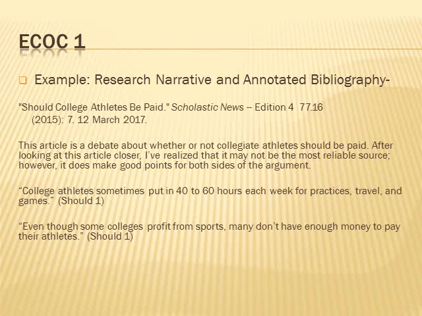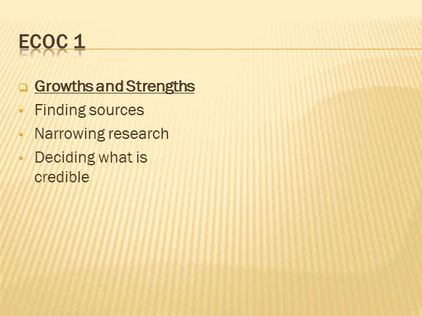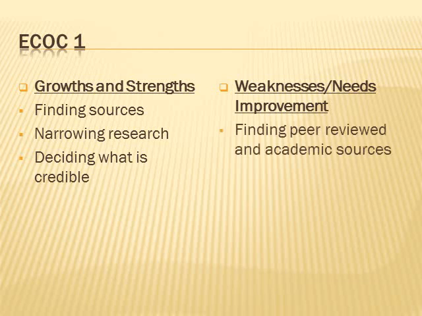Some of these I didn't cite right in this one, but hopefully I did it right in future papers. So my growths and strengths from ECOC 1 were finding sources, narrowing research, and deciding what research is credible. A weakness I need to improve on is finding peer-reviewed and academic sources, which I can do by checking the boxes in the library that are peer-reviewed.